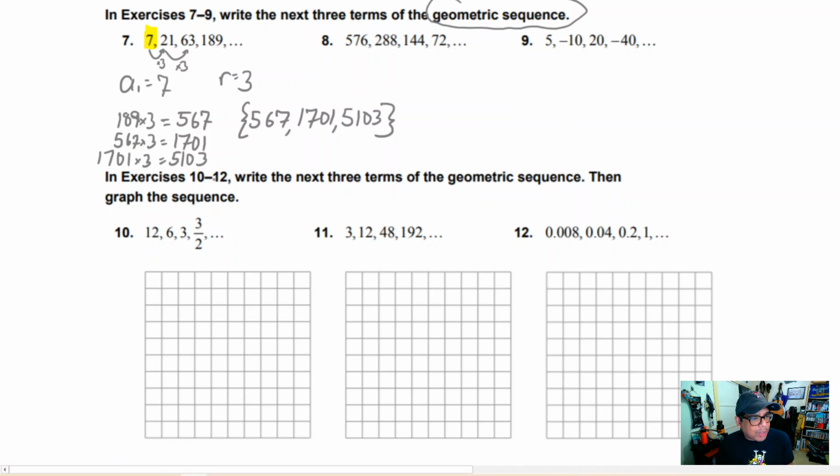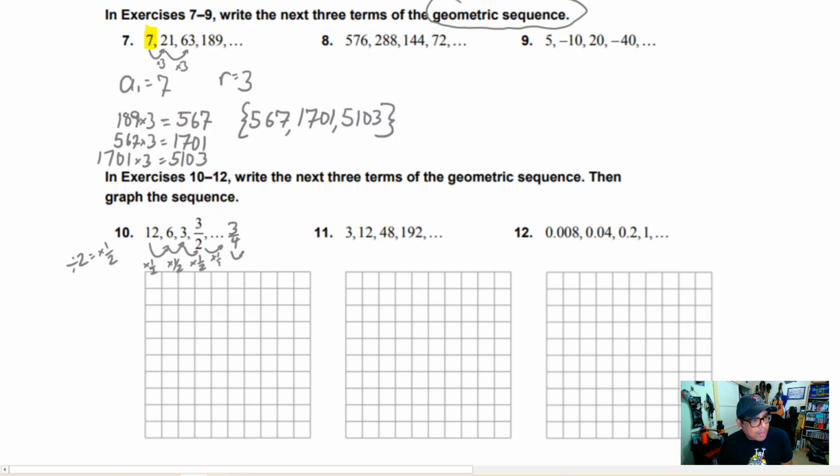10 through 12, we're going to do a very similar thing. We got to find out the common ratio. So this looks like I'm dividing by 2, which remember is the same thing as multiply by 1/2. So multiply by 1/2, again multiply by 1/2, and again multiply by 1/2. So the next term of this sequence, multiply by 1/2, that's going to be 3 over 4.